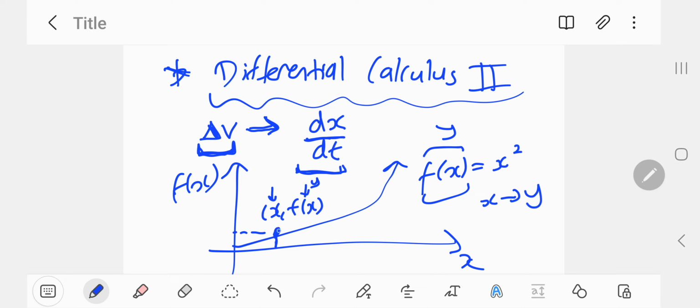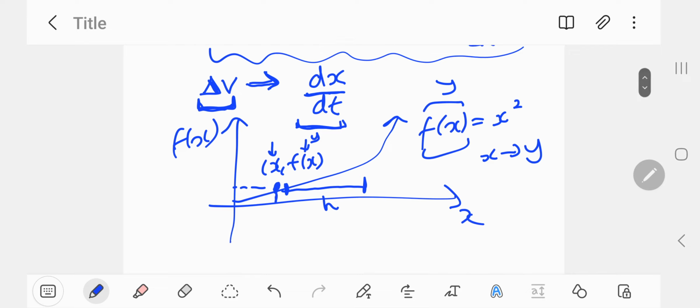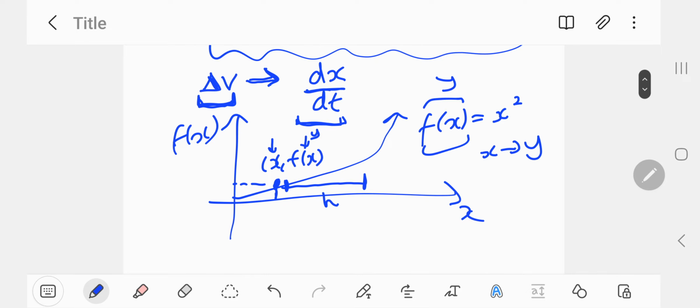Suppose we then decide to shift this point some h units to the right. I've used h here, it's just an arbitrary quantity. So we'd end up with x plus h, right? Because x is the horizontal distance here on the x-axis, if I shift h units to the right, I'm adding h to it. So it's x plus h.